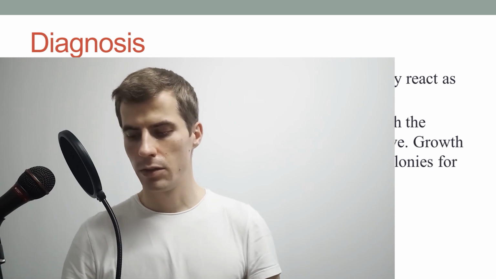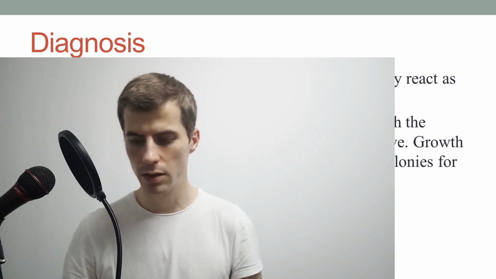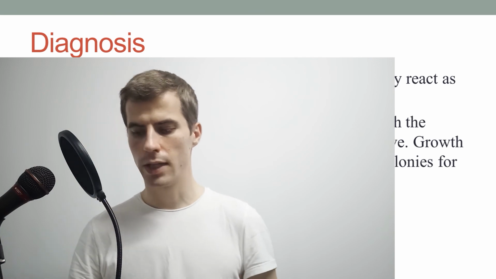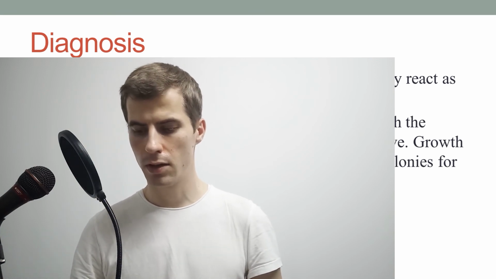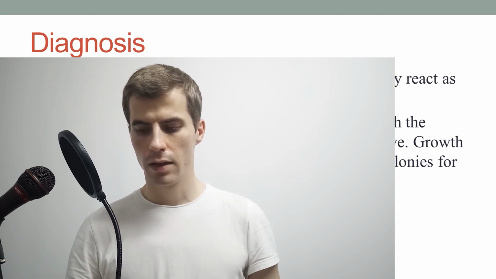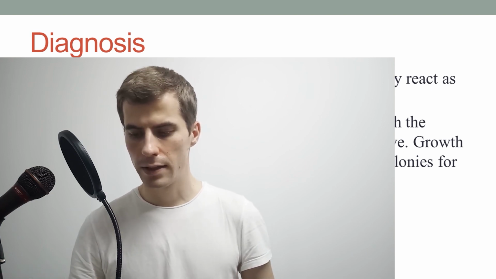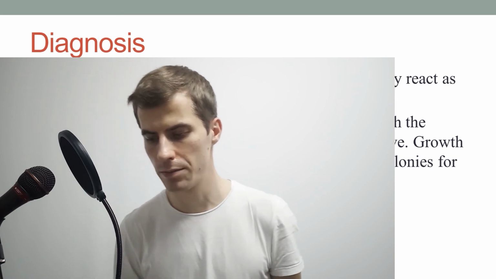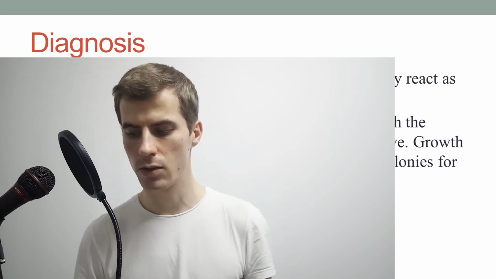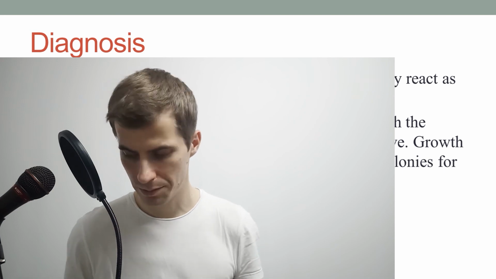Talking about indole reactions, they could be both negative and positive, with the exception of Shigella sonnei, which is always indole negative. And growth on Hektoen enteric agar will produce bluish-green colonies for Shigella, and bluish-green colonies with black centers for Salmonella.